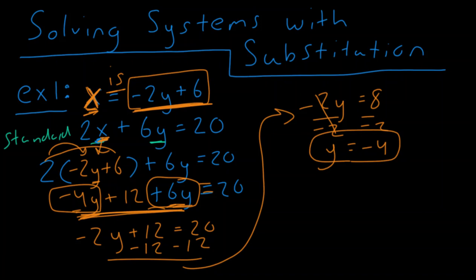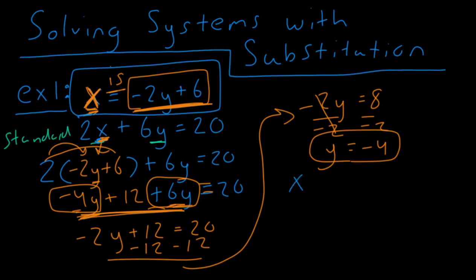Now, remember from our previous problem, solving for your single variable is one of the steps, but we actually need to solve for the other variable. So let's go ahead and take this original equation here, where it says x is, or x equals, negative 2y plus 6.